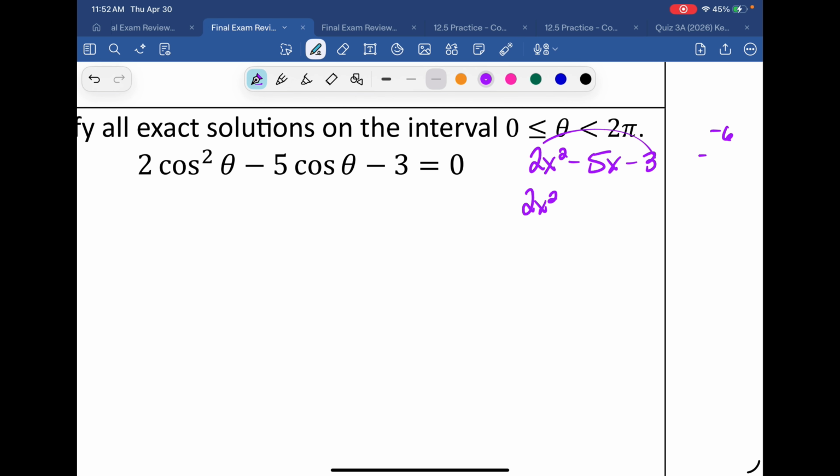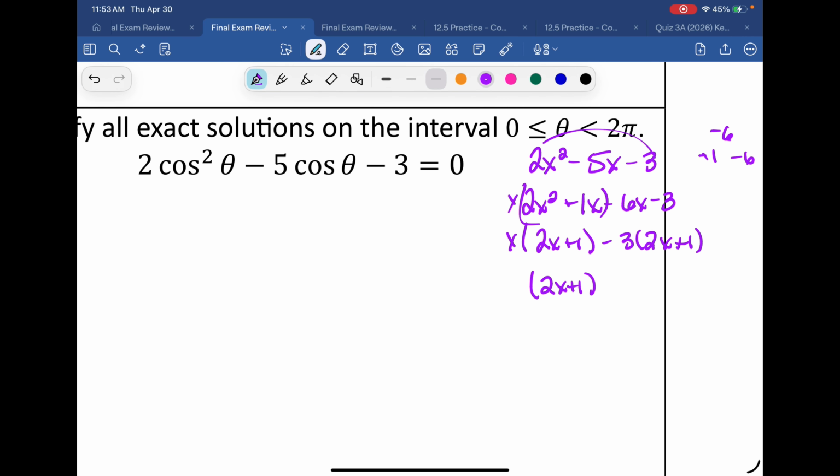And that's going to be +1 and -6. So our factors are 2x plus 1, x minus 3.